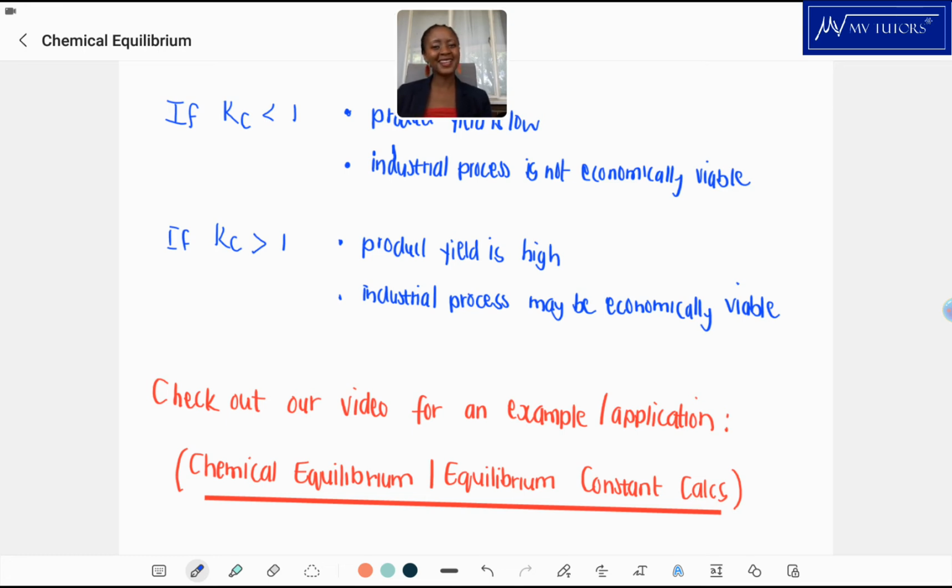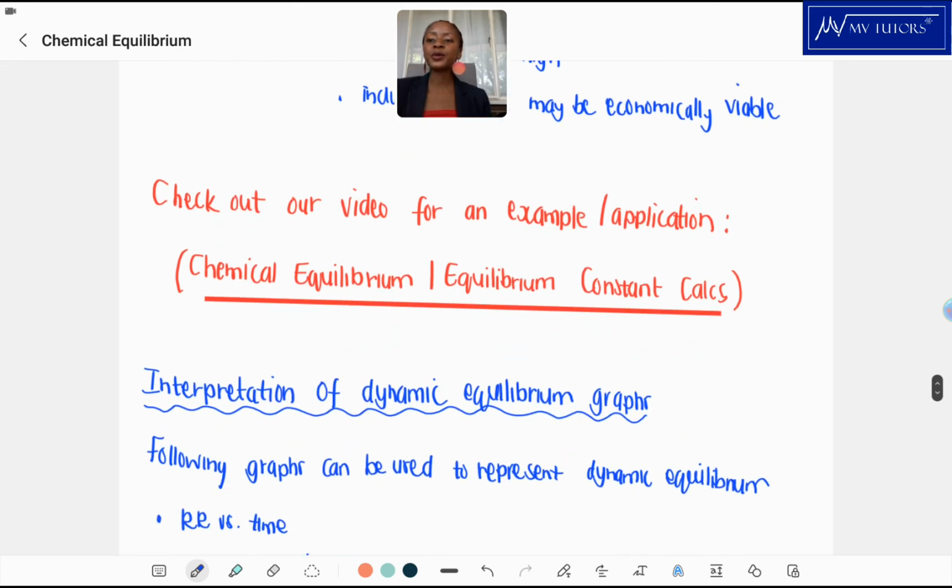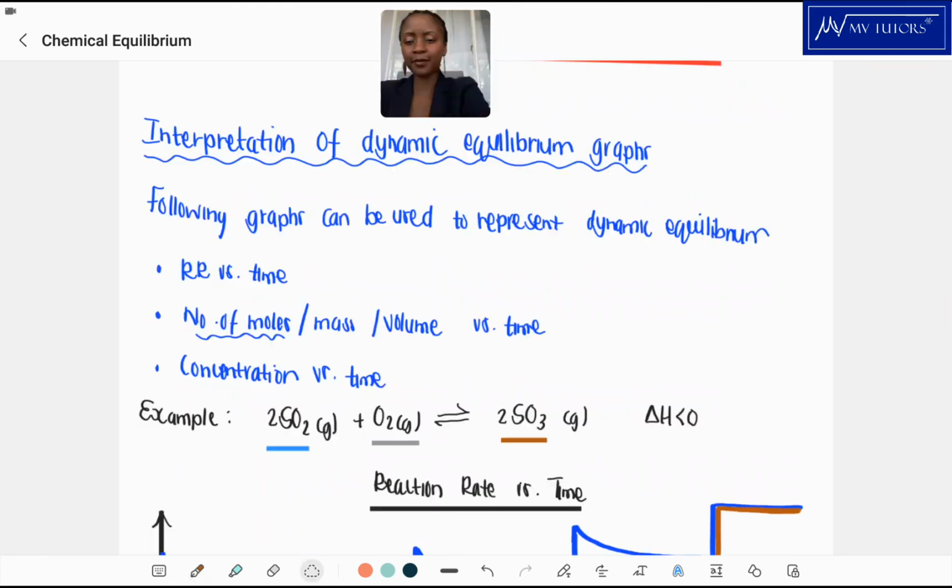Next we're going to be talking about interpreting the dynamic equilibrium graphs. You know those graphs where you see something flat, and then all of a sudden there's an increase, and then a gradual increase. Lastly, we're going to look at the interpretation of dynamic equilibrium graphs.